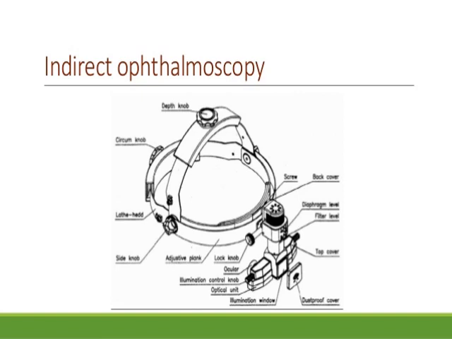So this is an indirect ophthalmoscope, a binocular one, in which there is an illumination window, an optical unit, a lock knob, and a diaphragm. In this also you have the red-free filter. Then you have a headband, and also a diaphragm for this.